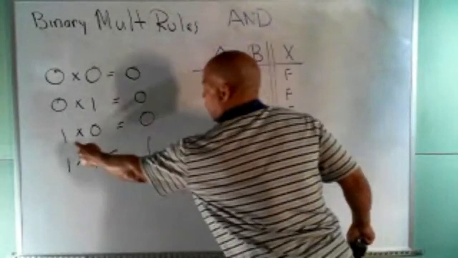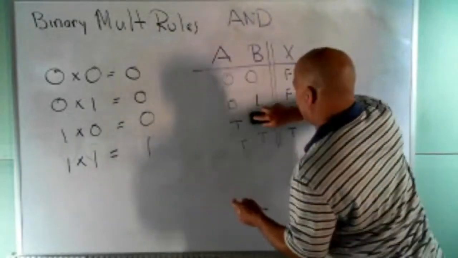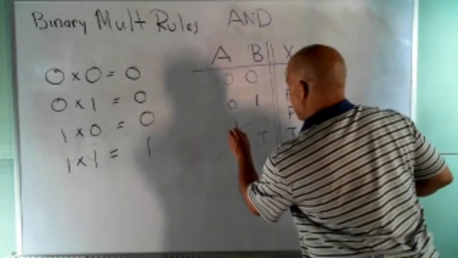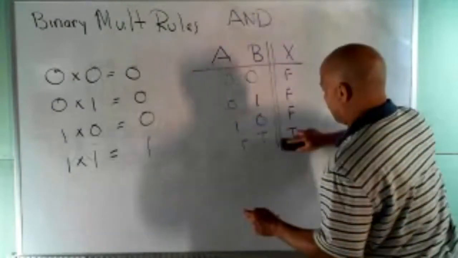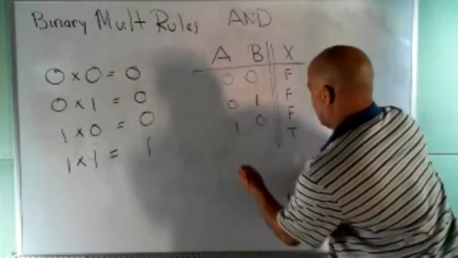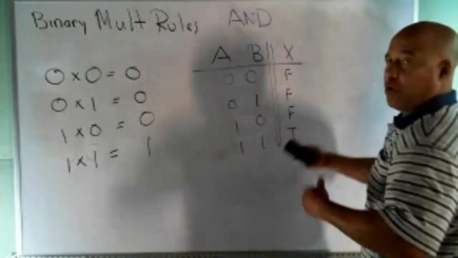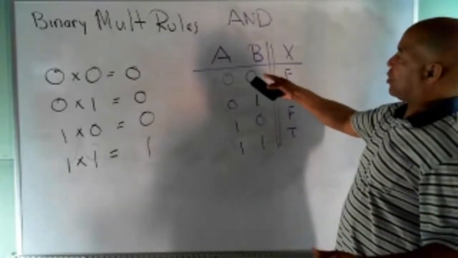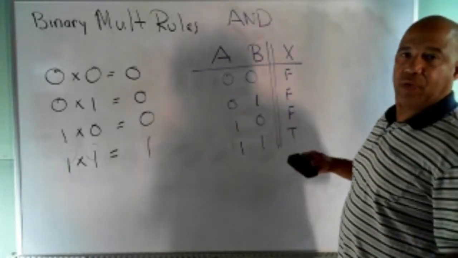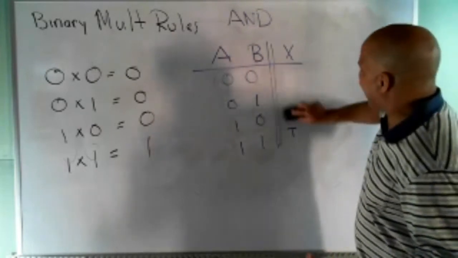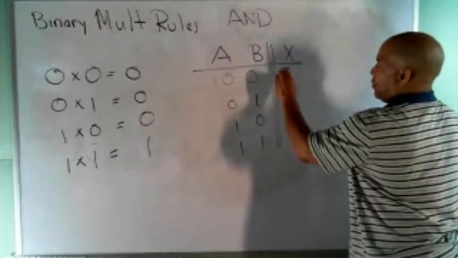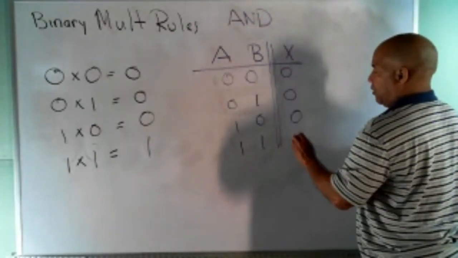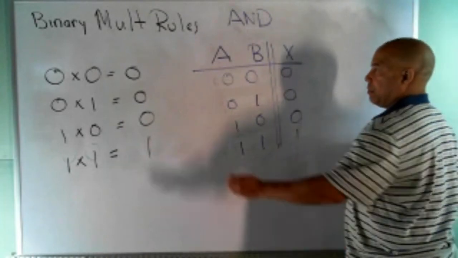Here I have a 1, 0. And here I have a 1, 1. So I can show my AND. This is the way we'll do it from now on. I'm going to show it with zeros and ones because that's what we deal with. And for AND, my output would be a 0, a 0, a 0, and a 1.